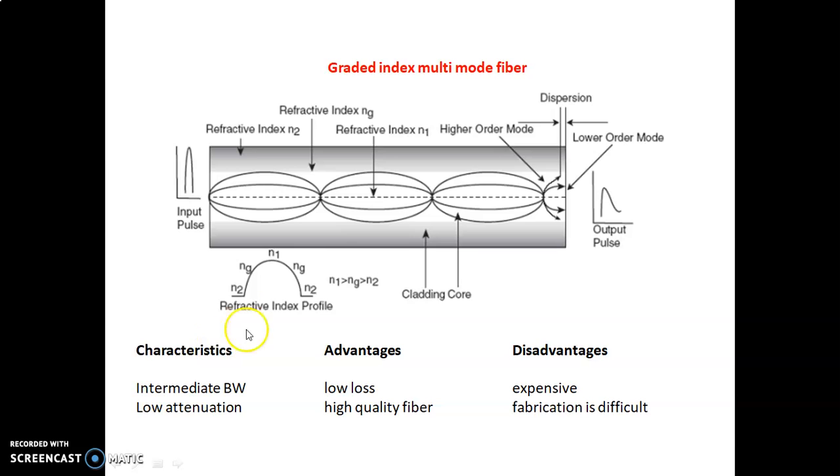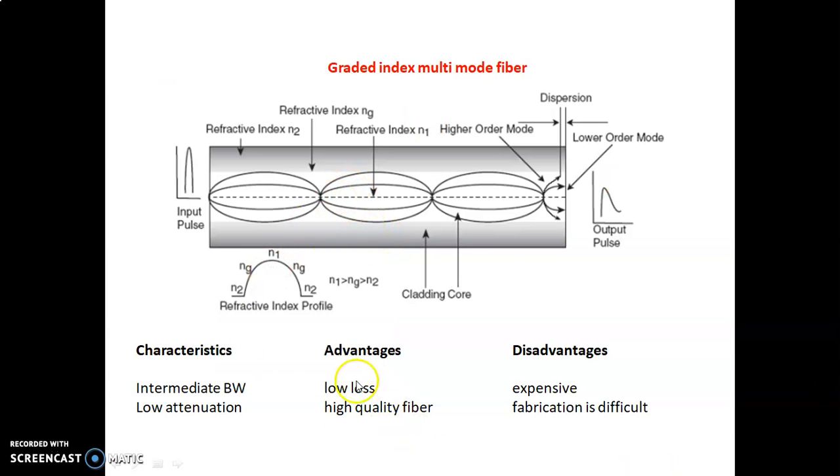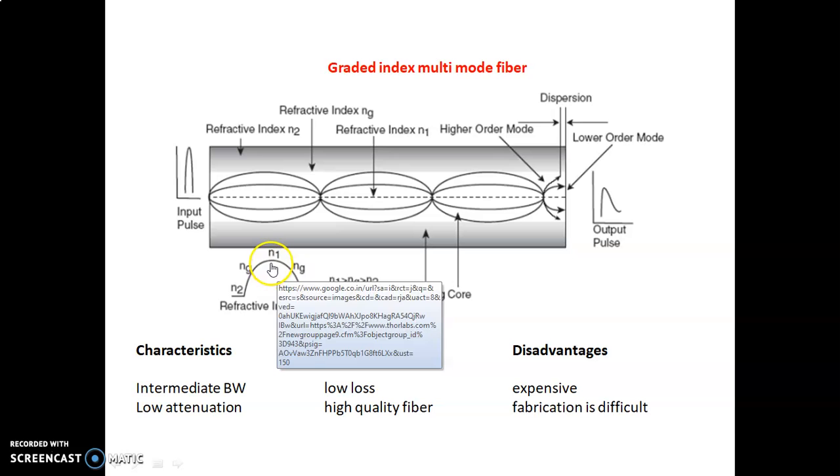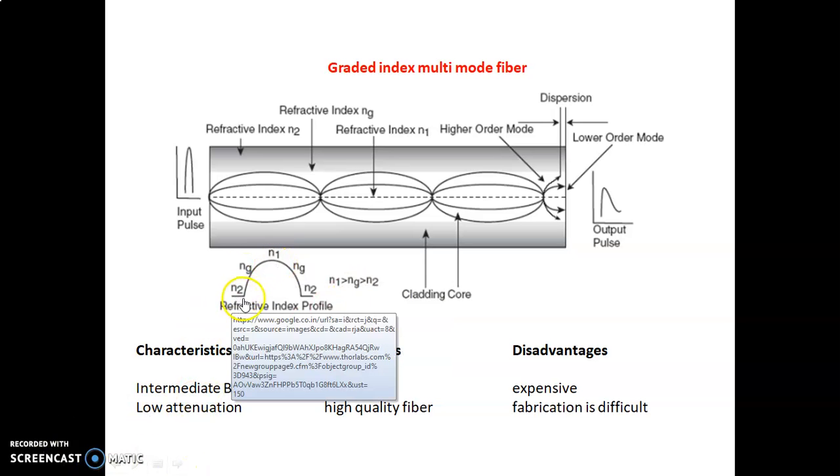Now I come to graded index fiber. Now you see in graded index fiber, we have a cladding and core. Now see here, the refractive index is not varying step by step. Okay, see the refractive index is maximum near the cladding and it is minimum near the core, on the axis of the core.